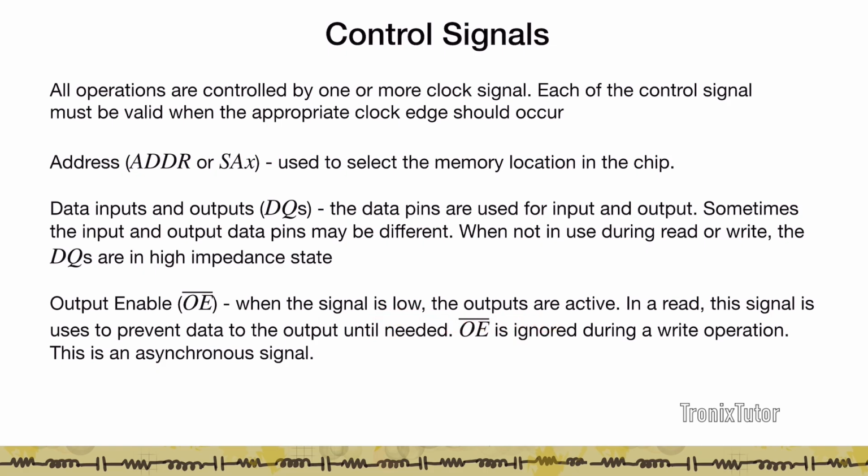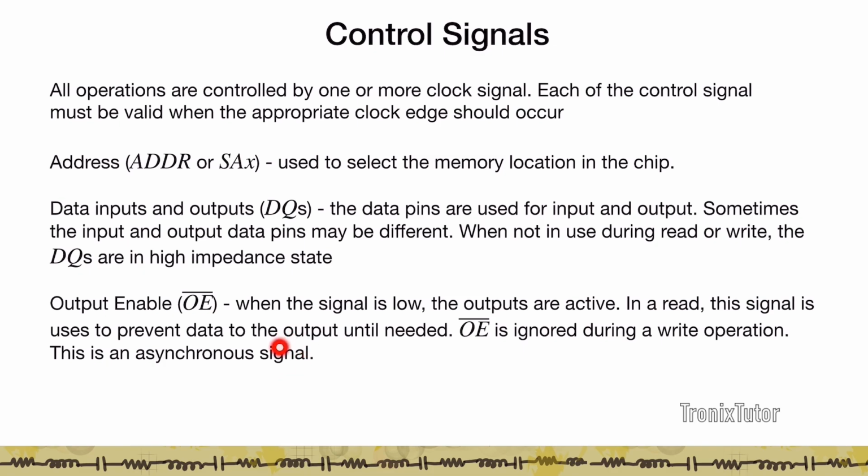When the signal is low, it indicates that the outputs are active. And during the write operation, this signal is ignored. So we use this signal to indicate when the read operation is completed so that the user can then use the data available at the output pin.